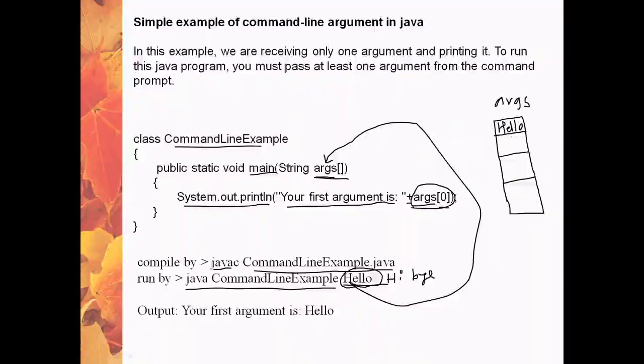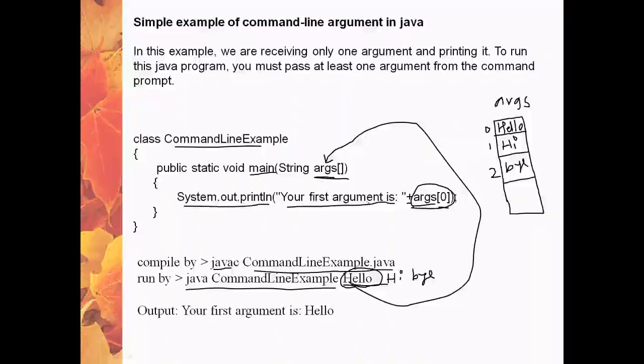First argument first, so first hello will be stored, then we will have hi, and then the next argument. All these arguments are stored in the args array, and it is an array, so it has an index associated with it. So hello is stored at index position 0, hi at index position 1, and bye at index position 2.